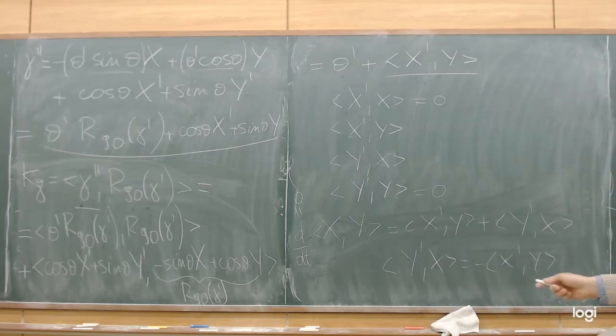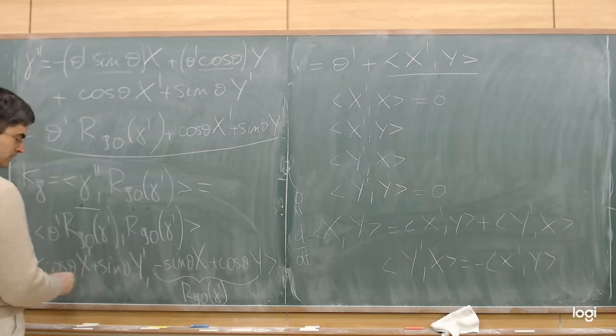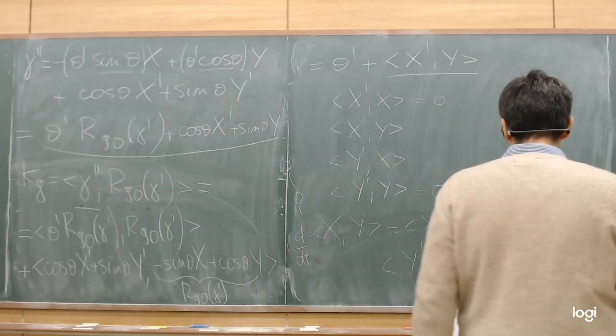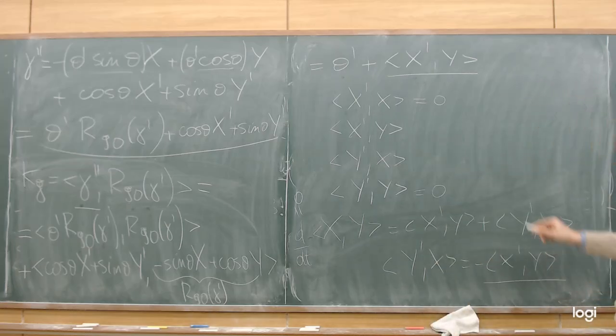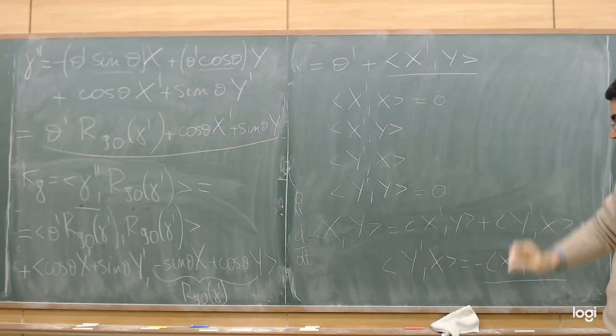So this inner product here can be written in terms of x prime y only, and it is equal to x prime multiplied by y.